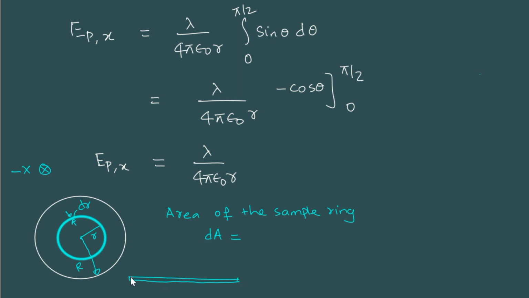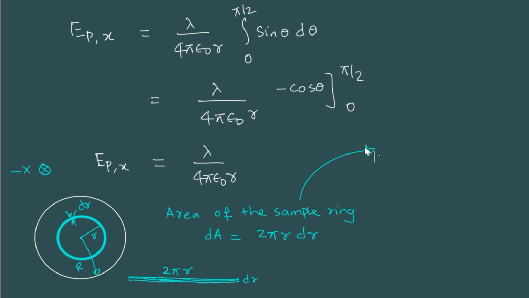The length of the belt is the circumference of that ring and the thickness is dr. So the length is the circumference, 2 pi r. It is almost like a rectangle, so we can write the area as 2 pi r dr. We have just discussed that at all points on that ring, the electric field is along the negative x direction. So in this diagram, the electric field is pointing into the board, and we should not have any trouble getting the flux through the sample ring.